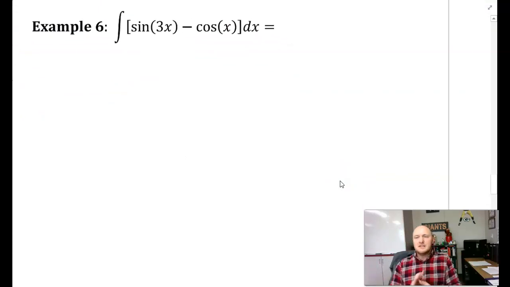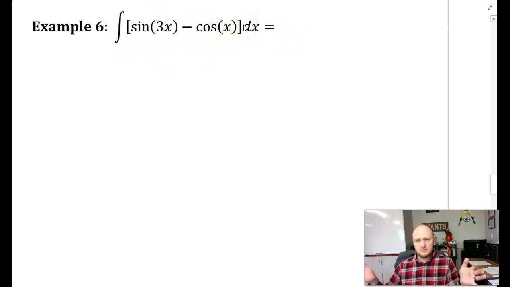Example 6. This is the last example that I have, and I'm going to have you try this. But first, I want to remind you of this property of integration. I have the integral of sine of 3x minus cosine of x dx.